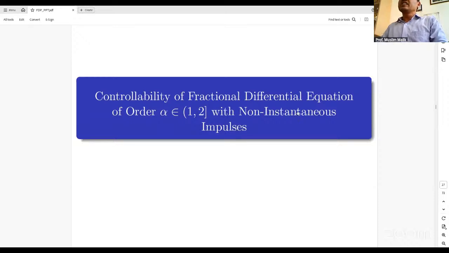And non-instantaneous impulses, I think people know there are two kinds of impulses. One is instantaneous impulses, and another is non-instantaneous impulses.